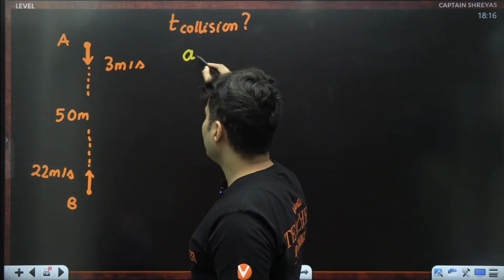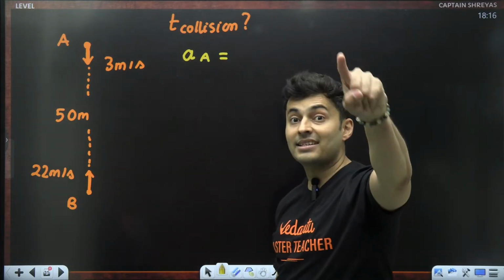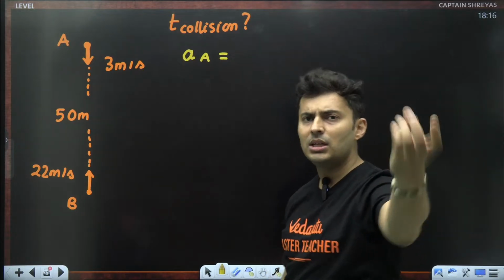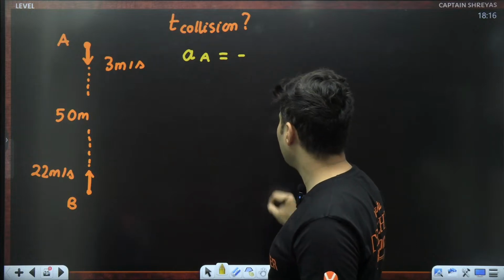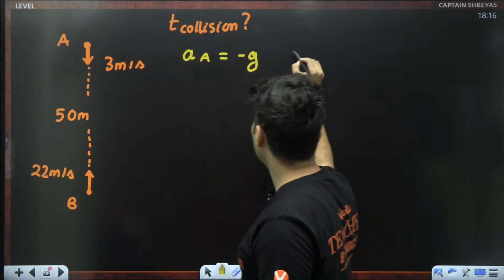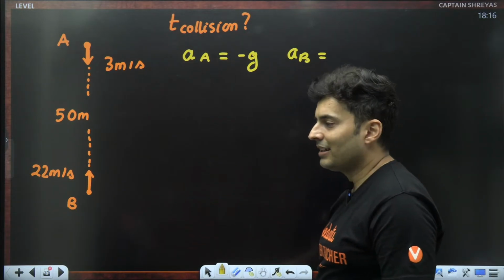What is the acceleration of ball A? Acceleration, not velocity. Everything dropped on the surface of Earth falls down with the same acceleration, minus g, because it's going down. What is the acceleration of B? Whether it is going up or going down doesn't matter.